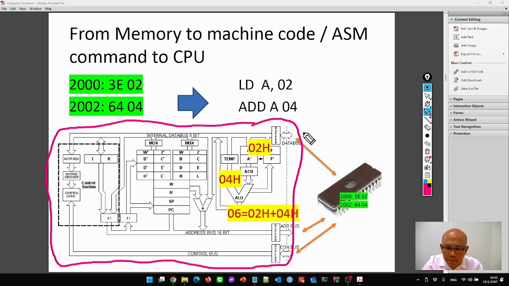In this Z80 CPU, it connects to the memory. The memory types are EEPROM, PROM, and EPROM, and the memory connects through the data bus, address bus, and control bus.